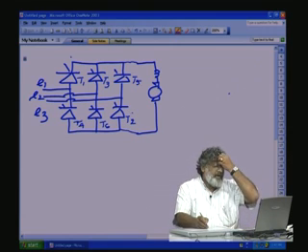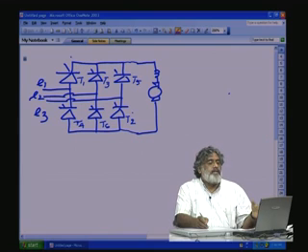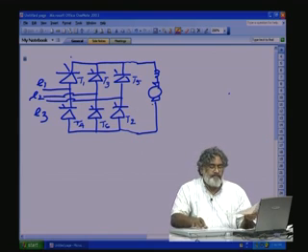Okay. Now, let us draw the output ripple for the 3-phase fully controlled converter.